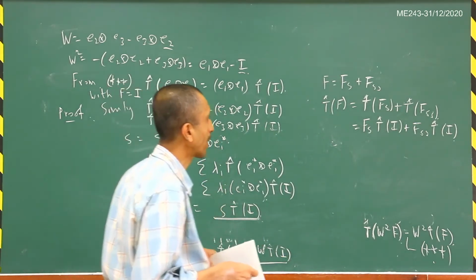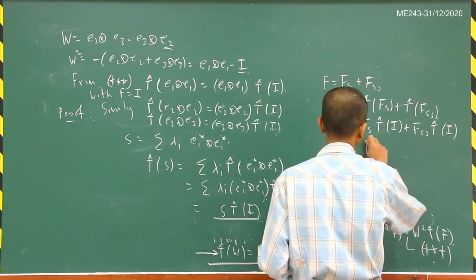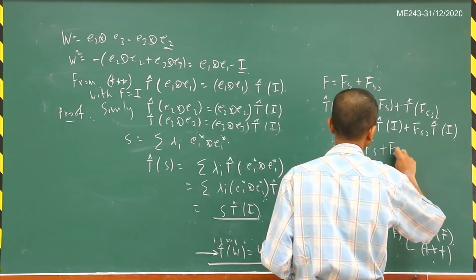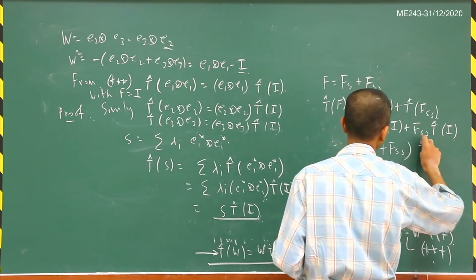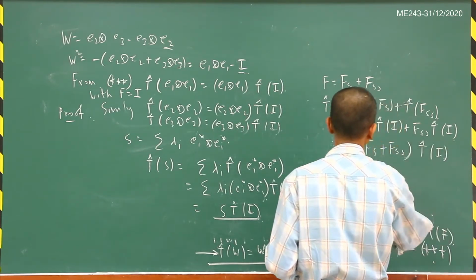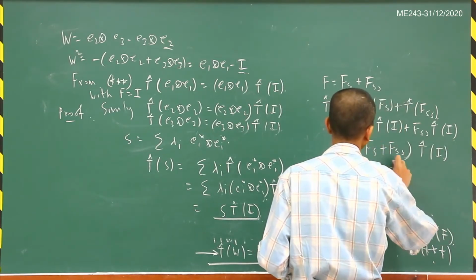Now combine the two, so this is equal to F_s plus F_ss times T hat of I, which is equal to F times T hat of I.